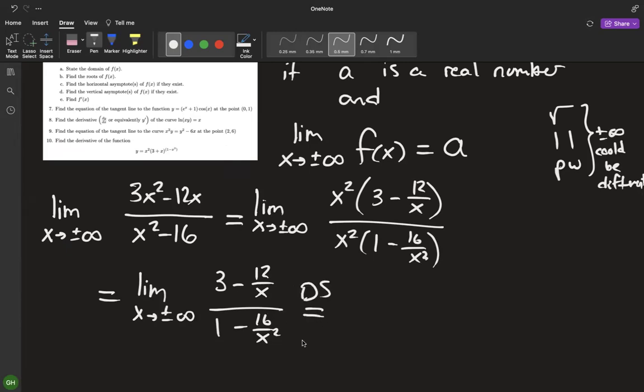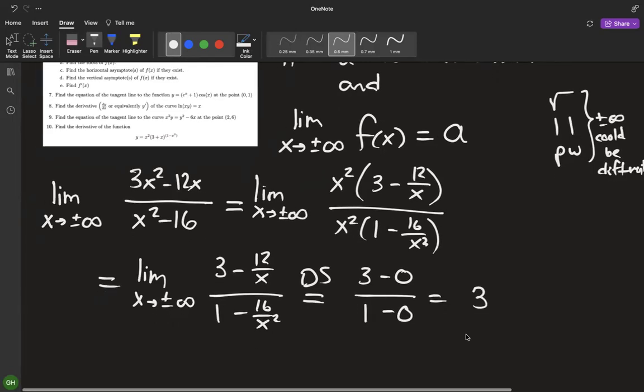And the reason why this doesn't matter now is because whether x is positive or negative infinity, this is still going to 0. And famously, positive 0 and negative 0 are kind of the same thing. So we get 3 from our limit. That means that y equals 3 is a horizontal asymptote.